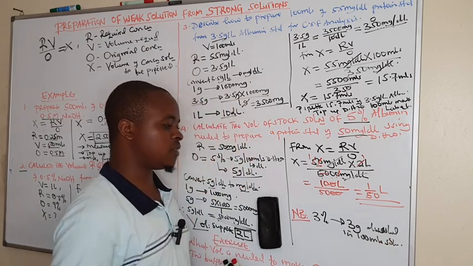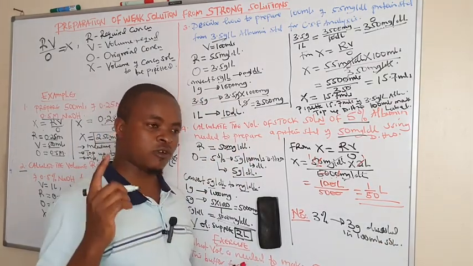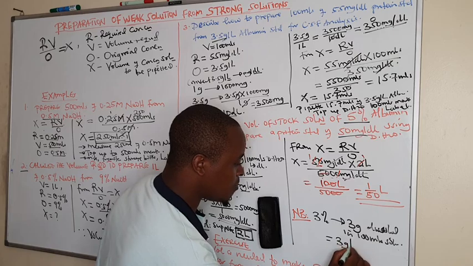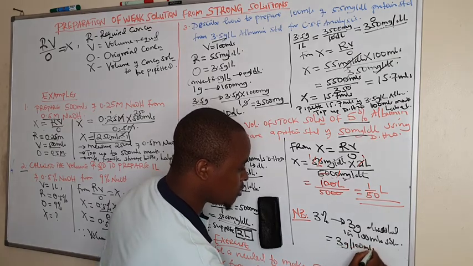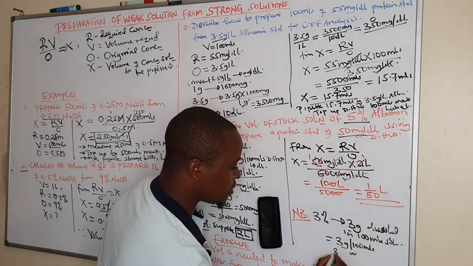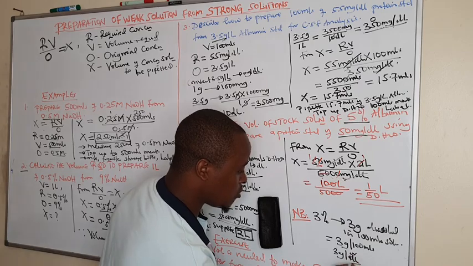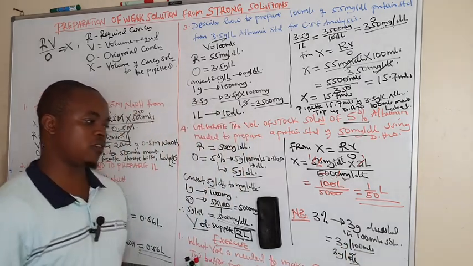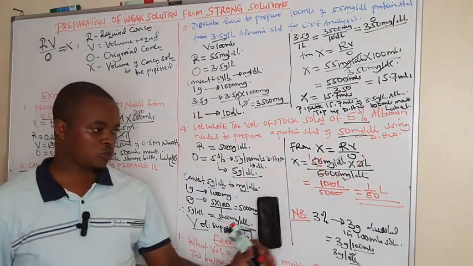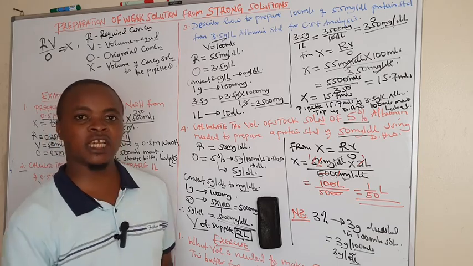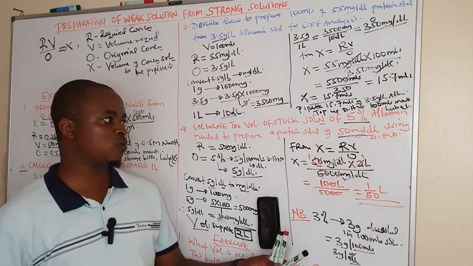And 100 mils is equivalent to 1 deciliter. So we can end up saying it is 3 grams per 100 mils or 3 grams per deciliter, because we know 1 deciliter is the same as 100 mils. So you should know how to interpret in case you are given a percentage and you need to convert.